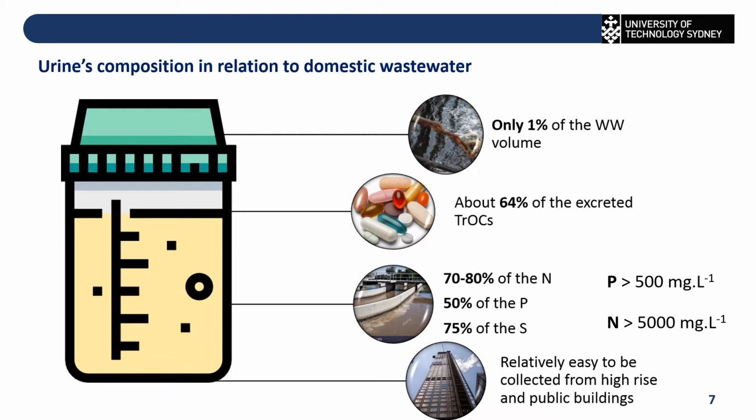However, the proportions of nitrogen, phosphorus and sulfate are very high, up to 80% of nitrogen, 50% of phosphorus and 75% of sulfate. In general, the concentration of phosphate is more than 500 milligrams per liter, and nitrogen is 5,000 milligrams per liter. And this can be easily collected, especially in high-rise and public buildings.